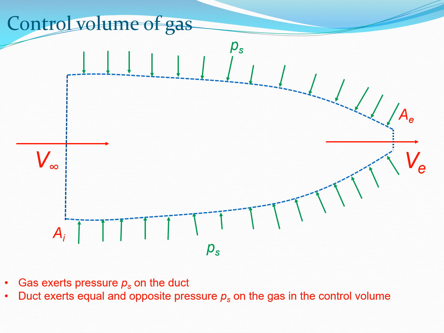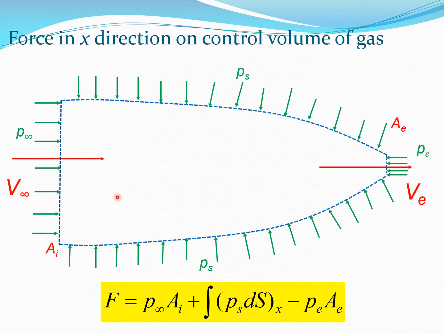Now if we look at the front and the back surfaces of the control volume, in the front the pressure is going to be P infinity, and at the rear end the pressure is P subscript E at the exhaust.